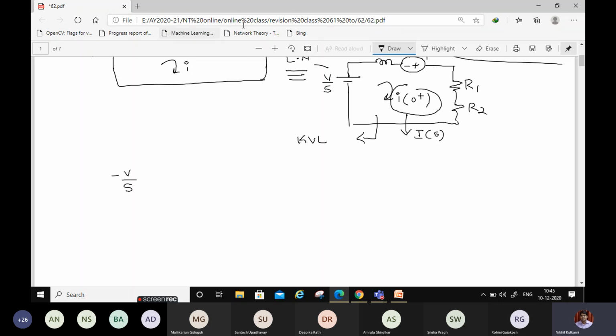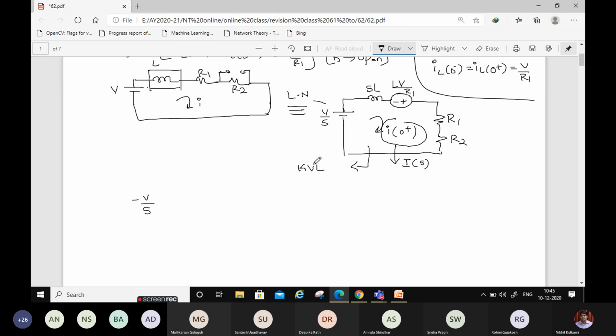Then let me multiply this current directly with the impedance parameters. We have R1, R2 and the inductor, so it will be SL plus R1 plus R2. Then you have one more voltage source, that is L into V upon R1, equal to 0.